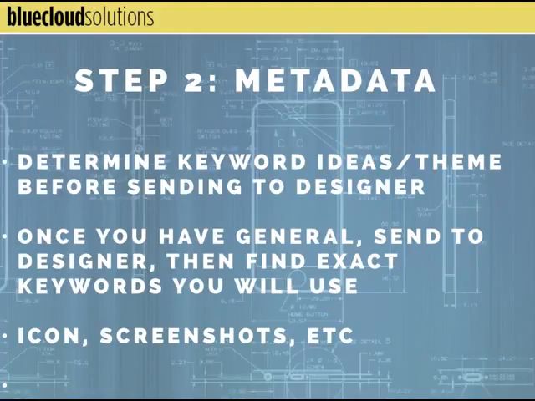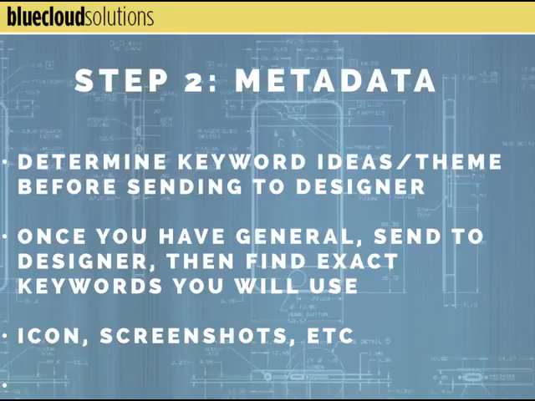Step 2 is start going after the metadata. This is a mistake a lot of people make. They wait until they've bought the source code or see the app, and then they go out and try to find keywords that they can kind of finagle into that app.